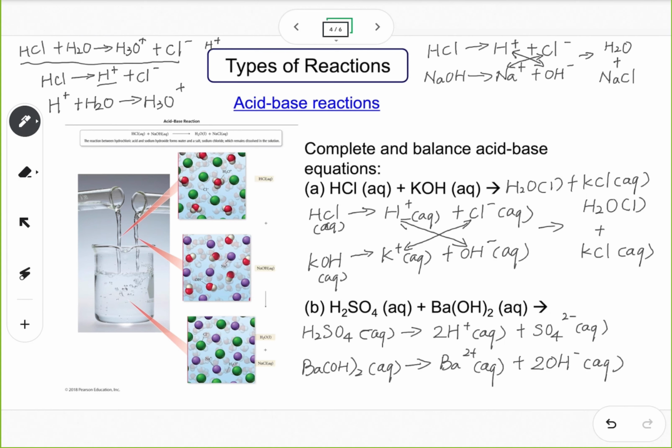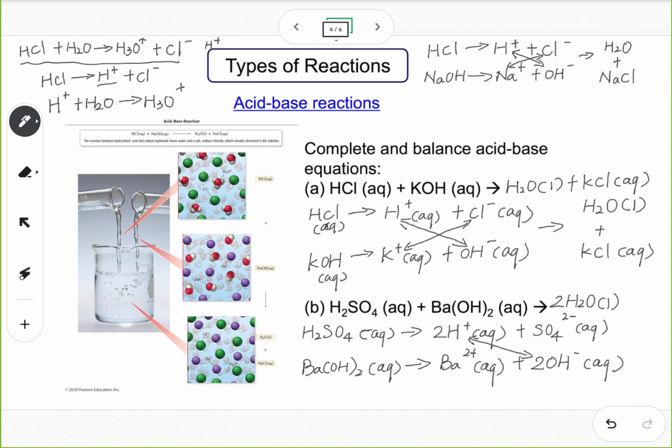Now let's swap the cations and anions. Again, proton and hydroxide will bond together to generate water, and please pay attention to the coefficient. One proton and one hydroxide will generate one water. You have two protons and two hydroxide, therefore you are going to have two water as product.